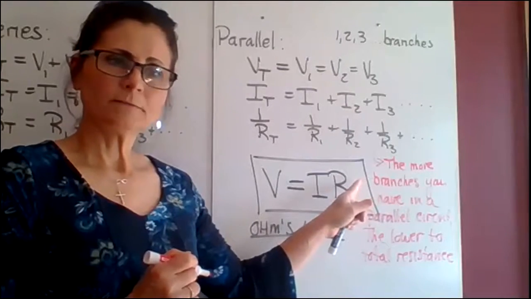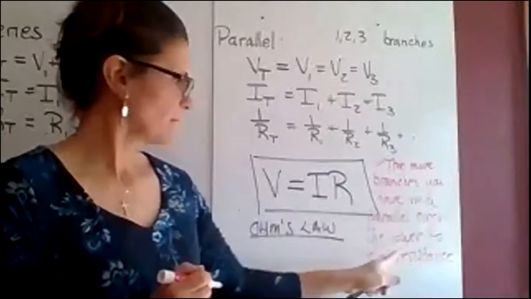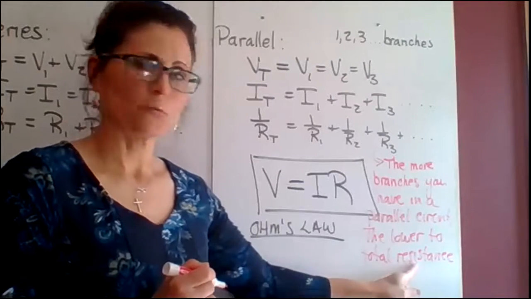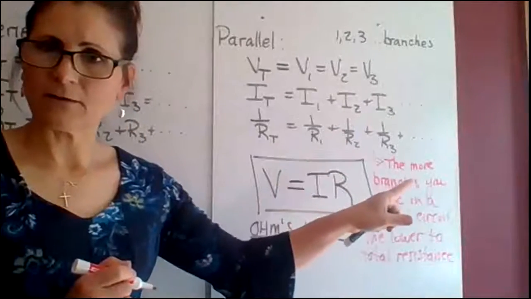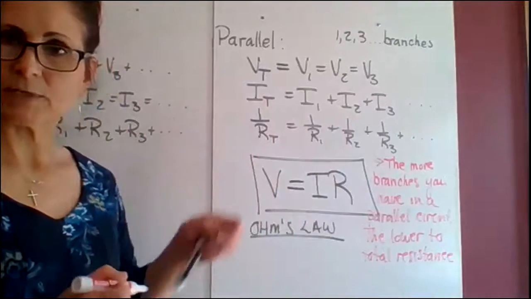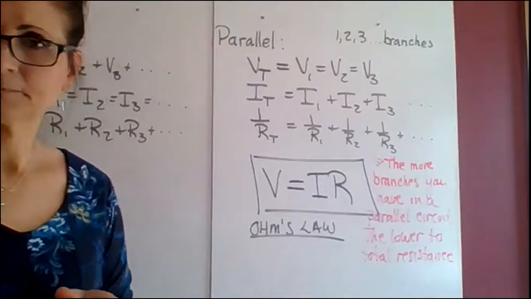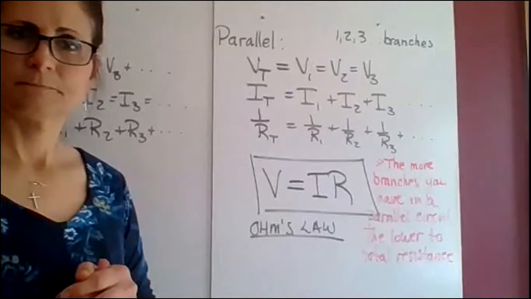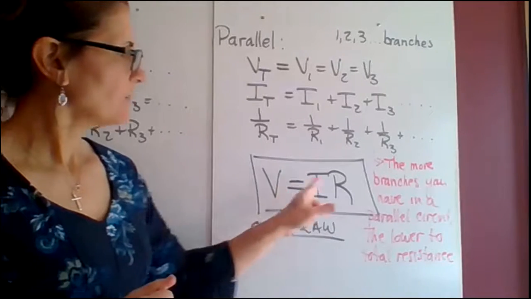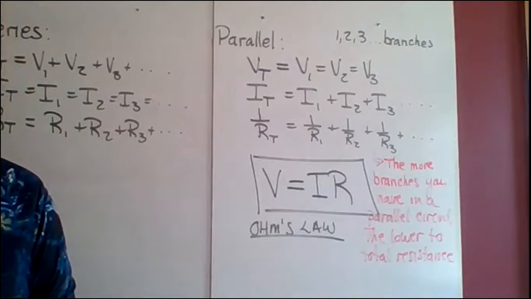The more branches you have in a parallel circuit, the lower the total resistance. The effect of adding more things in parallel is that you decrease the total resistance that is there. Okay, the more branches you have in a parallel circuit, the lower the total resistance.